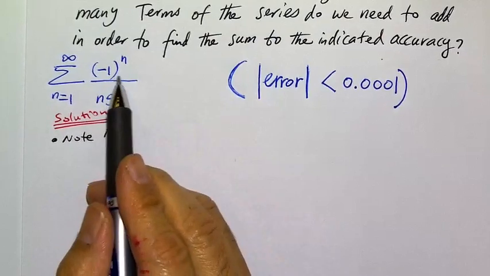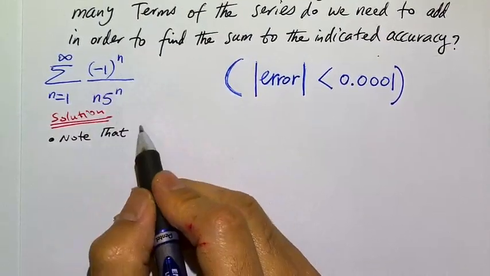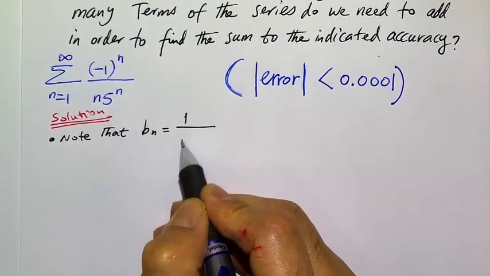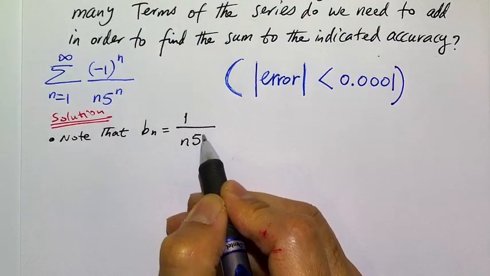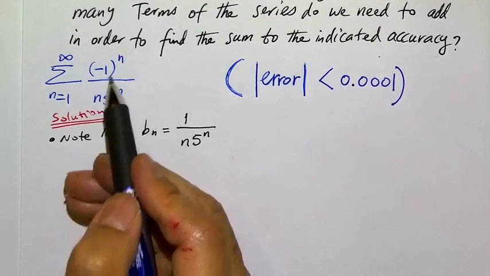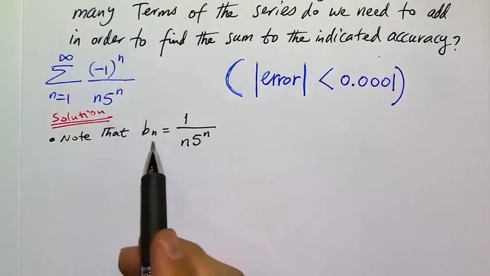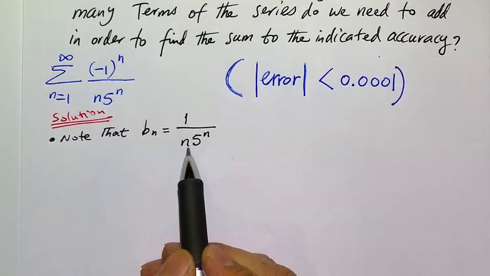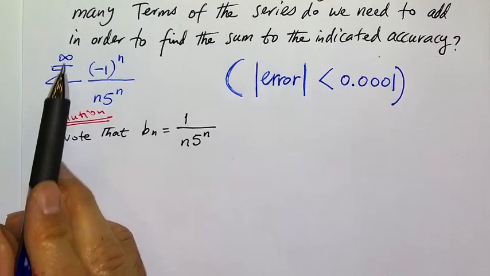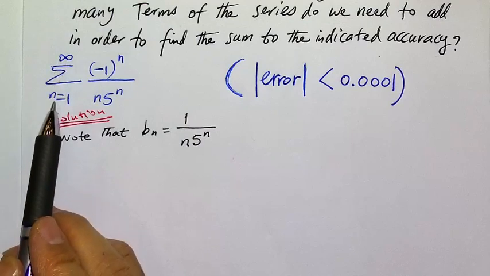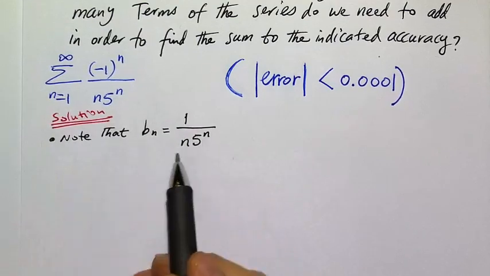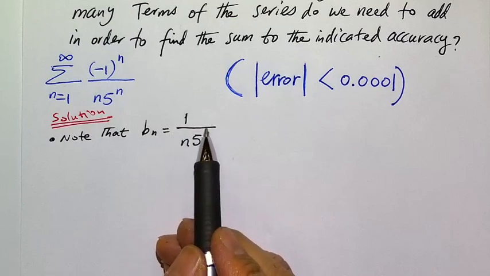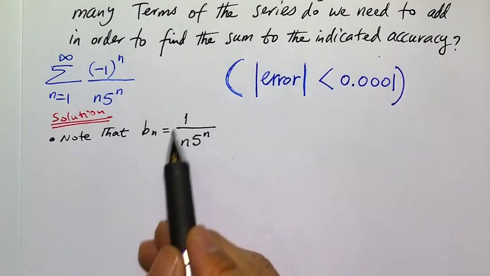Note that the Bn for this alternating series, Bn's are equal to 1 over n times 5 to the n power, right? Exclude that from the Bn's. Just a quick look, you can see that because n varies from 1 to infinity, for every increasing value of n, this will decrease, become smaller and smaller.